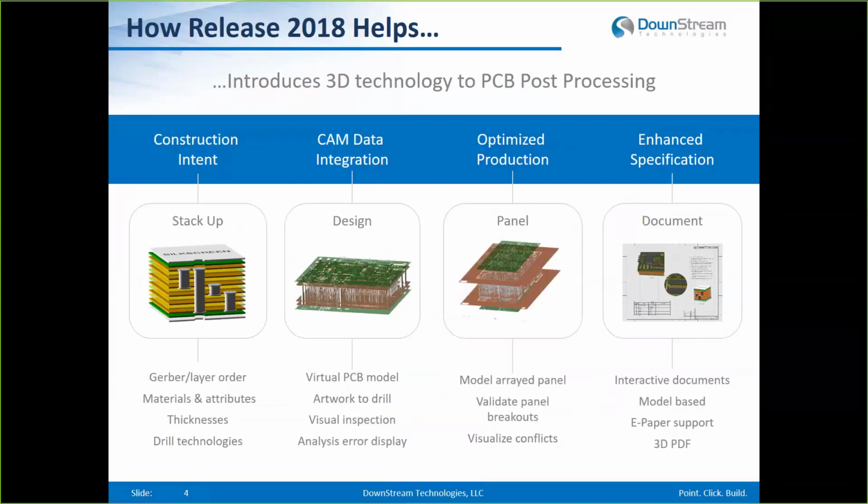We can create a panel and visualize that panel, and then of course, with our Blueprint tool, we can enhance the documents that we release along with this. We can go beyond the whole idea of paper documents, which current PDF is. It's really just a version of paper documents, where it really is starting to become electronic paper with some of the things that you can do on the output of our Blueprint tool.